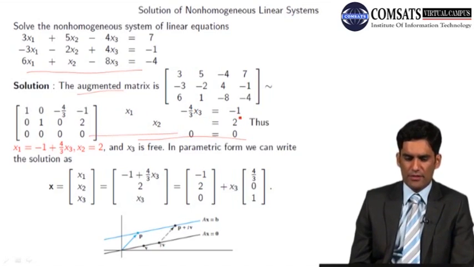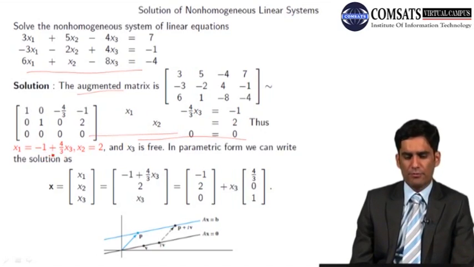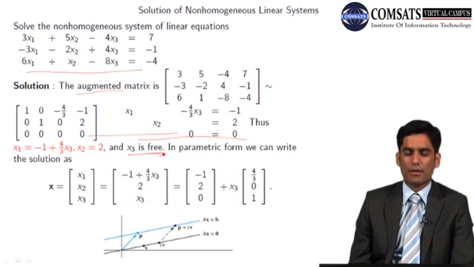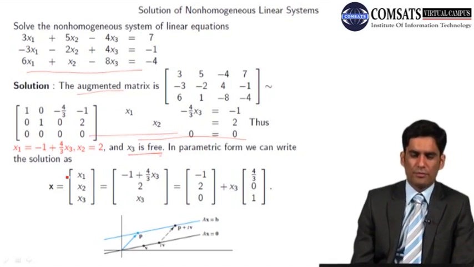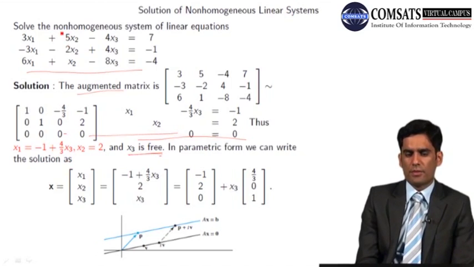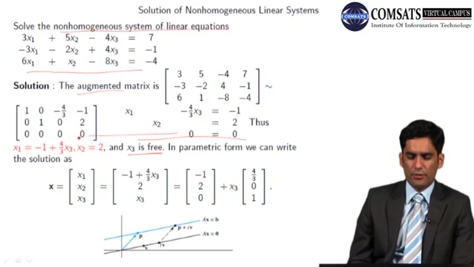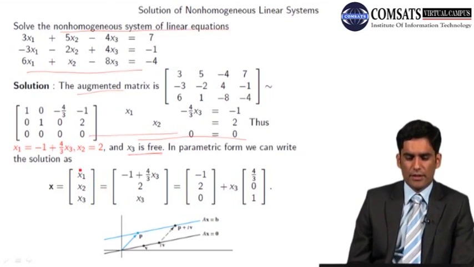So we have once again x1 equals -1 plus 4/3 x3, and x3 is a free variable. So we can write down the solution of this non-homogeneous system of linear equations in parametric vector form. x1, x2, x3 can be written as this one. Now (-1, 2, 0) is a constant vector, and I am writing a vector in terms of the free variable.